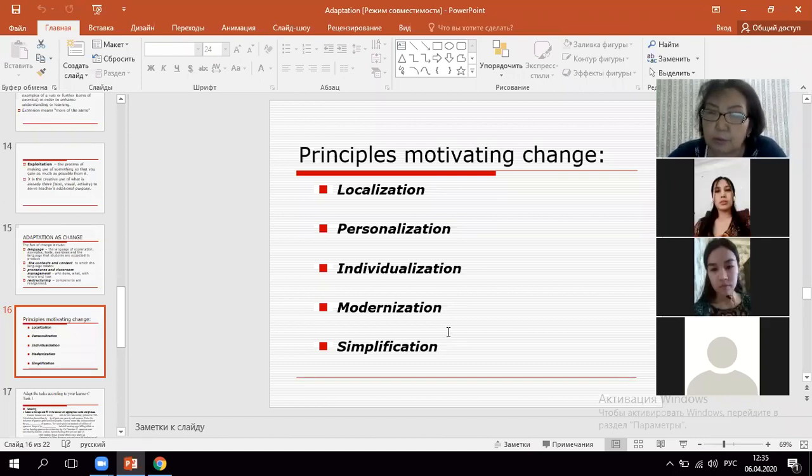So what did you learn about adaptation, Nazakat? Changing materials according to your students' level. Also according to the place where we are teaching and according to the persons we are going to teach. If we are teaching the English language in Uzbekistan, then we should change the persons and the information about places into the places and persons who are in Uzbekistan.